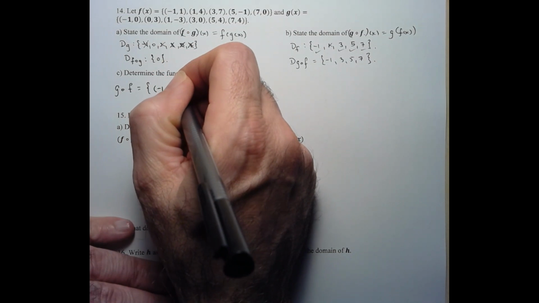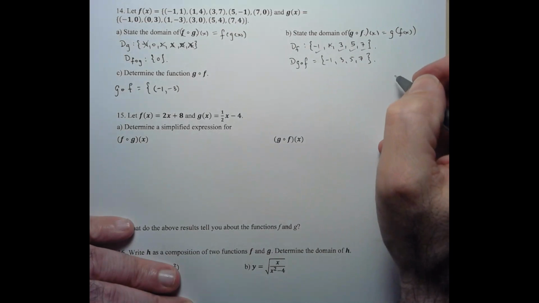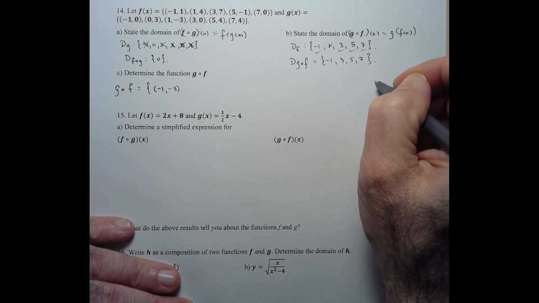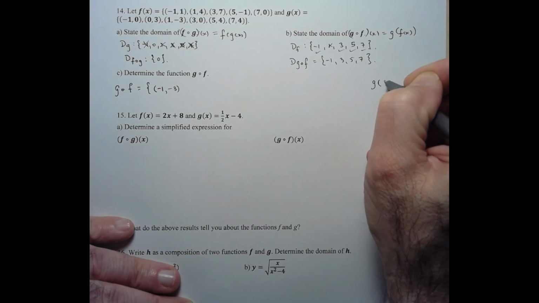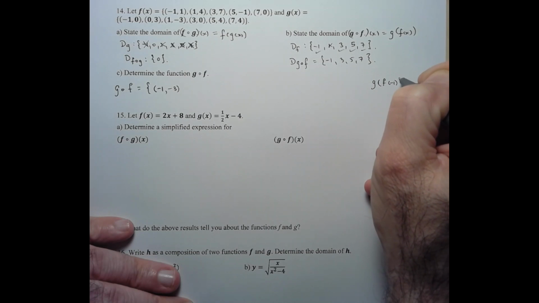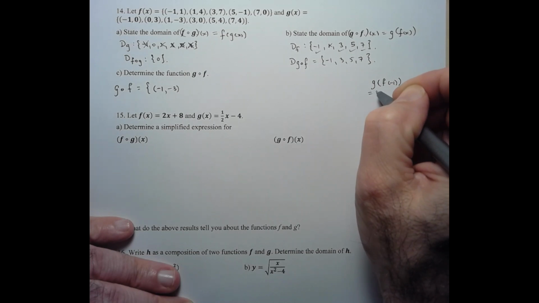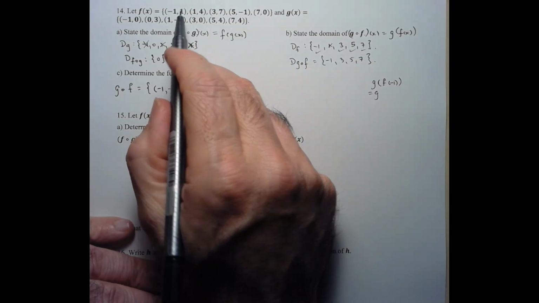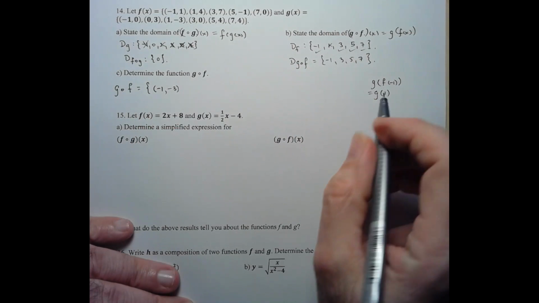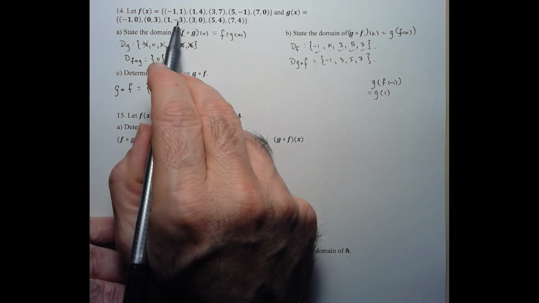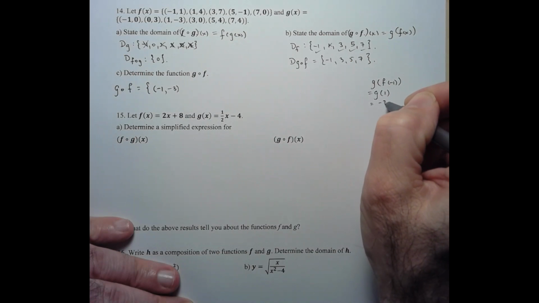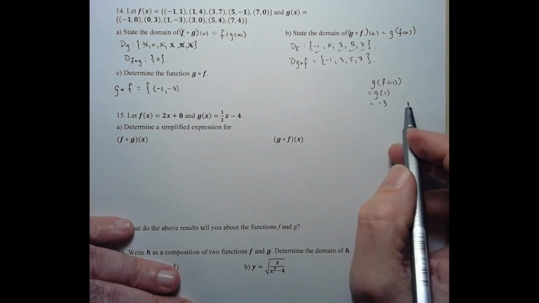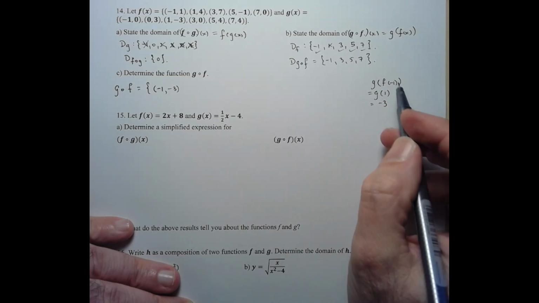So that's the output. On the side I'll write it out: f at -1 is equal to 1, and then I calculate g at 1 as an output of -3. I'm not going to write all of them out, but this is essentially what I'm doing here.